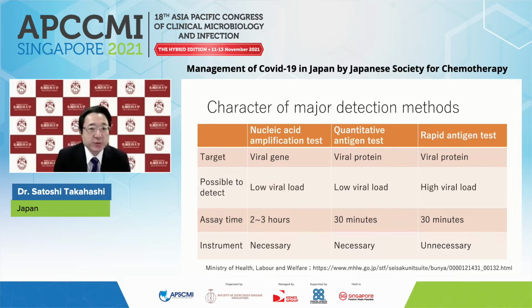These are the characteristics of the major detection methods for SARS coronavirus 2019. The major detection method is the nucleic acid amplification test, which we call NAT.